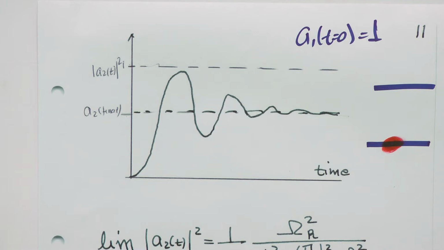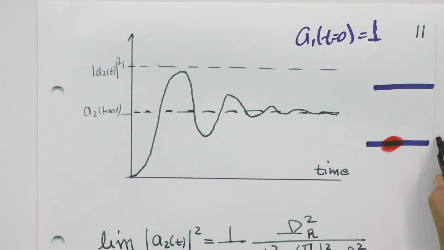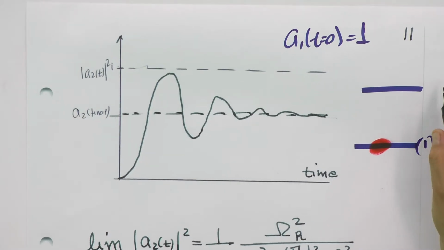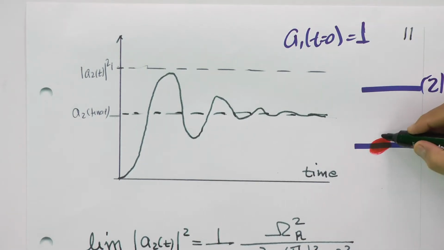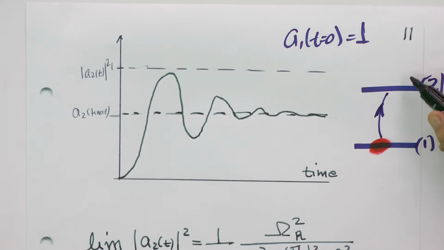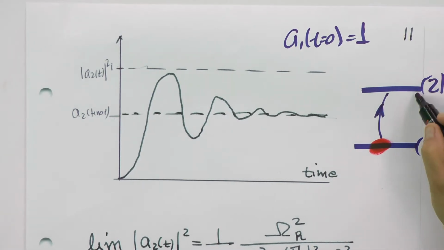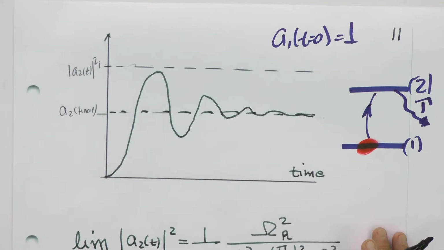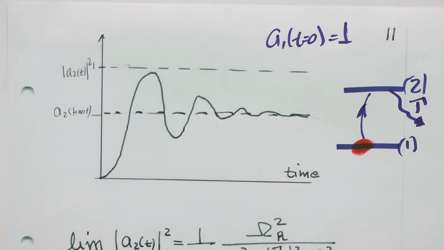And what the electromagnetic field is going to do between level 1 and 2 is promote transitions. Of course there is oscillation, but we have that dissipation taking energy out at a rate gamma, which is the spontaneous emission.